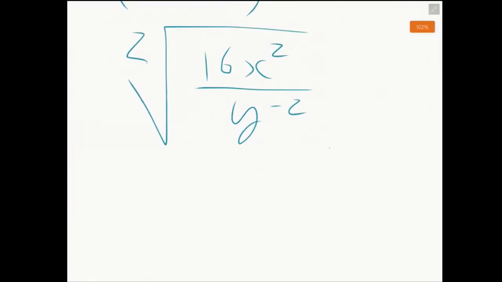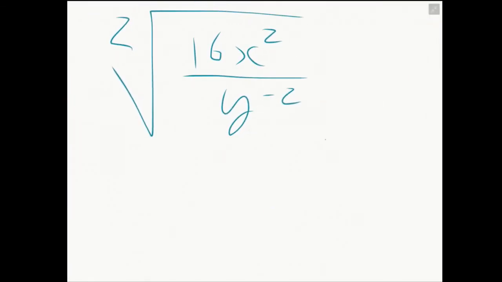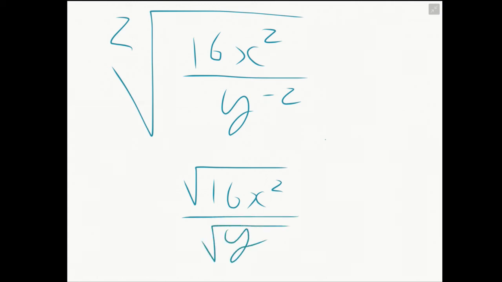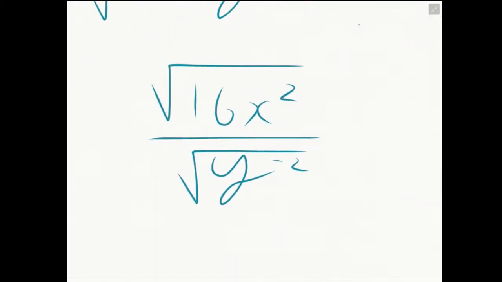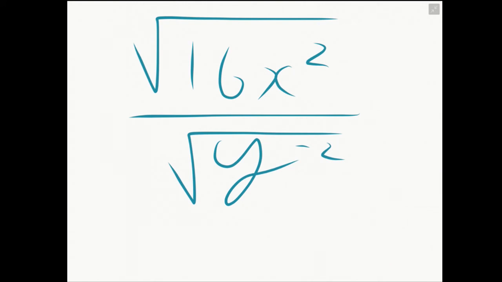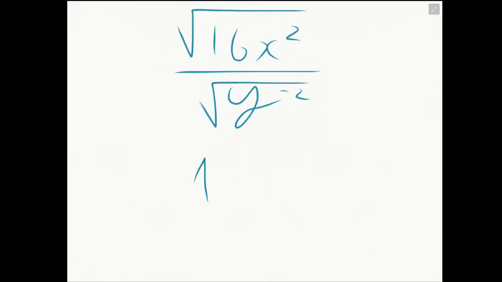Okay, so furthermore, for distribution, what I personally prefer to do is go 16x squared over the square root of y to the power of negative 2. Okay, so from here, we can tell a few things. Firstly, 16 is a perfect square, so we can write that down as a 4. Okay. What about x squared? X squared is also a perfect square, and we're just going to put the x then.